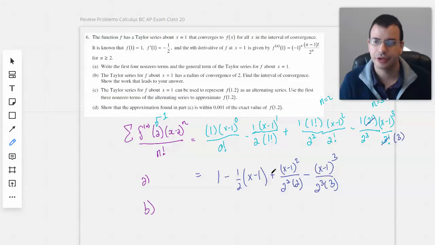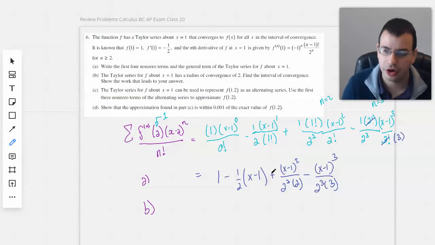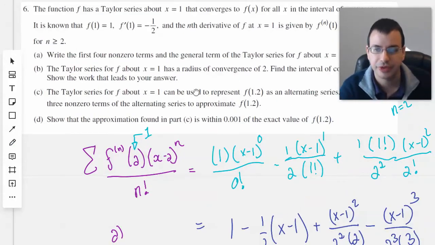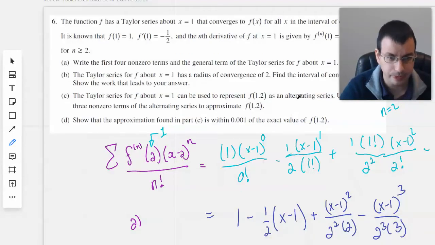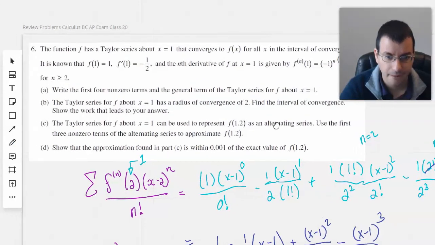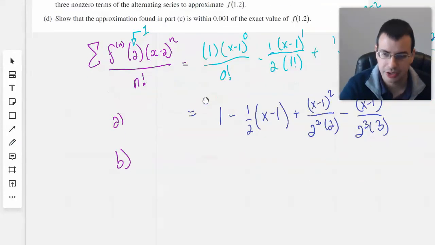Okay, the Taylor series for f about x equals 1 has a radius of convergence of 2. Find the interval of convergence. Show the work that leads to your answer.